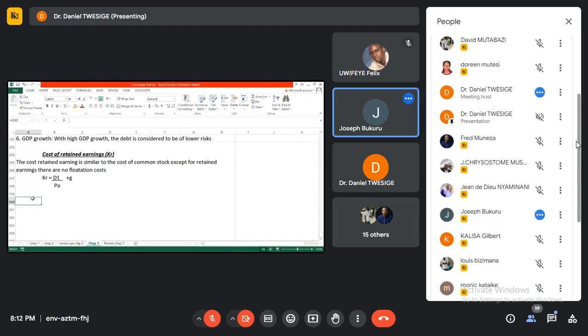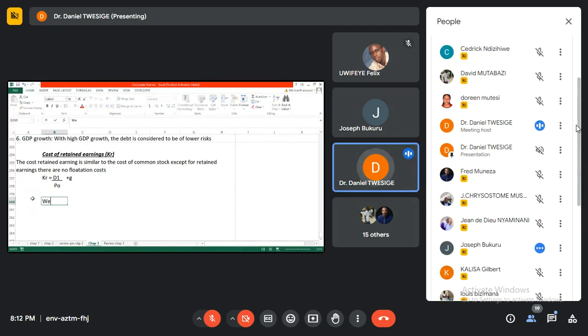So another part that we want to talk about, as we are summarizing this chapter, is the weighted average cost of capital, which we abbreviate as WACC.